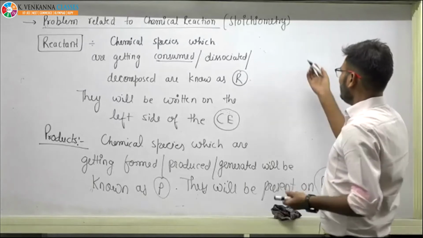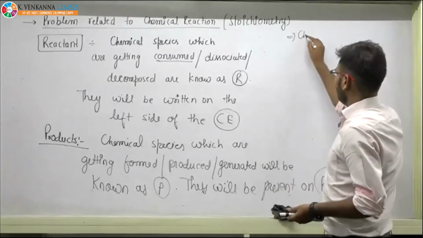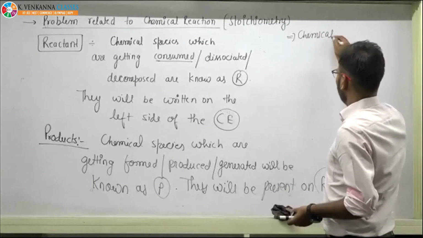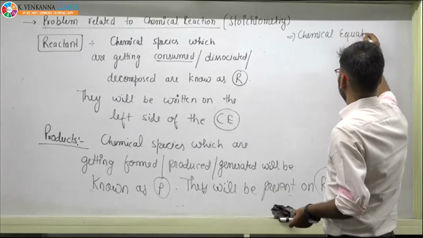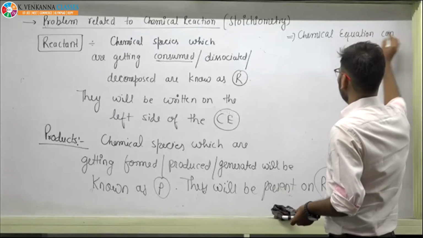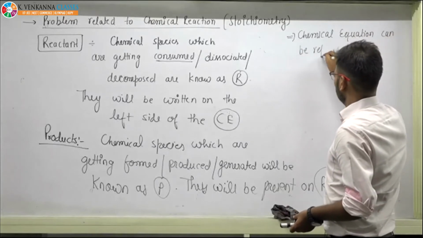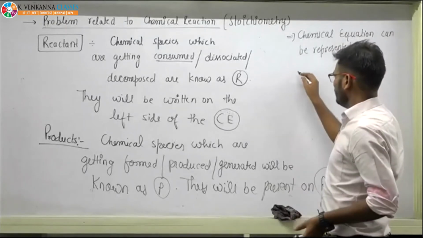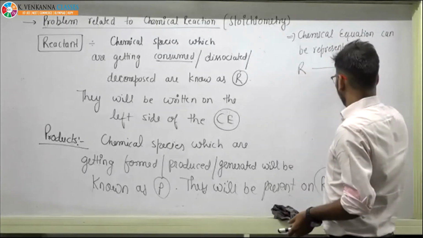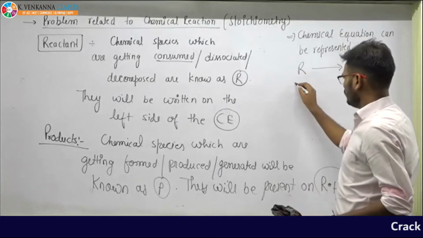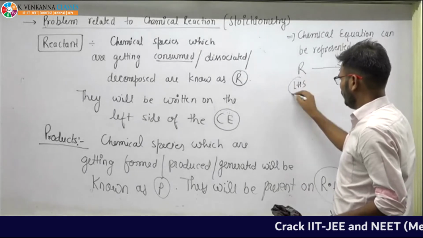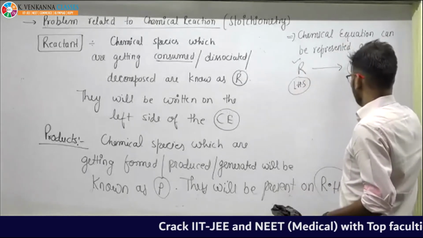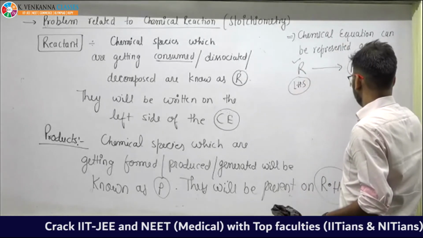Any chemical equation can be represented as, for example, reactants going into products. The things present on the left hand side will be known as reactants, and things present on the right hand side will be known as products.